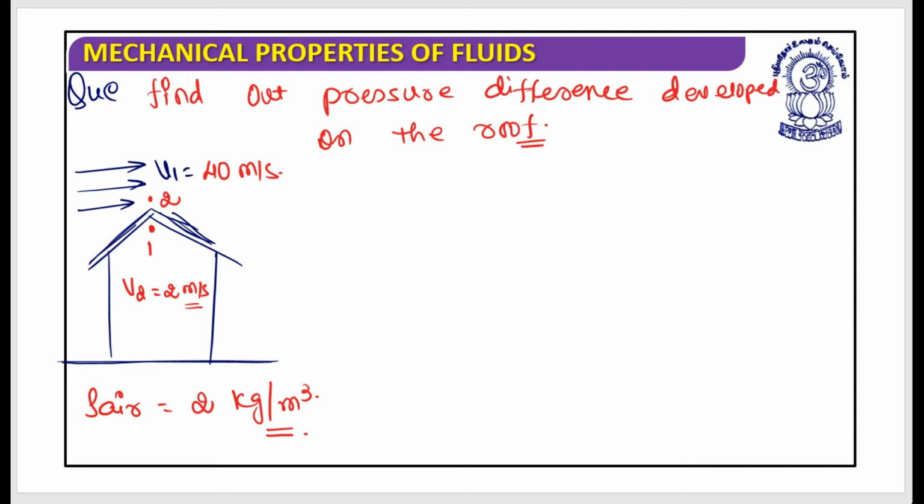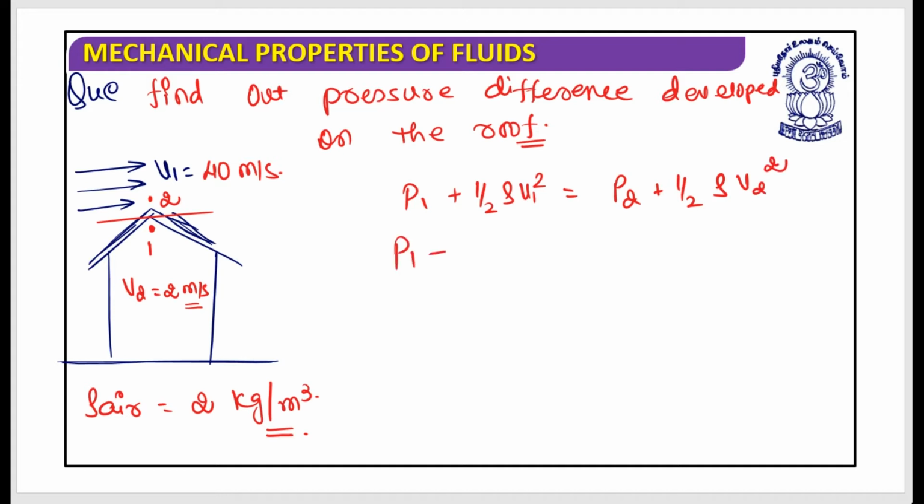If I consider these two at approximately the same height, I can have this relation: P1 plus half rho V1 square equals P2 plus half rho V2 square.